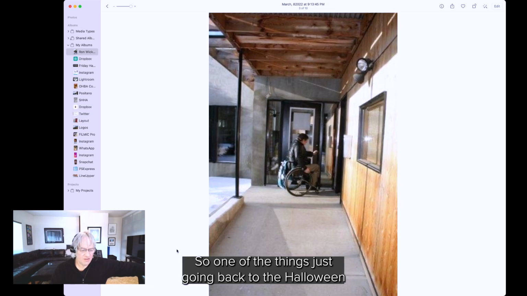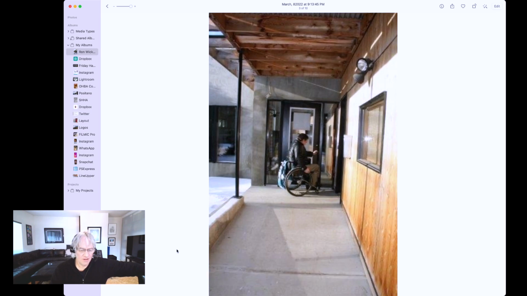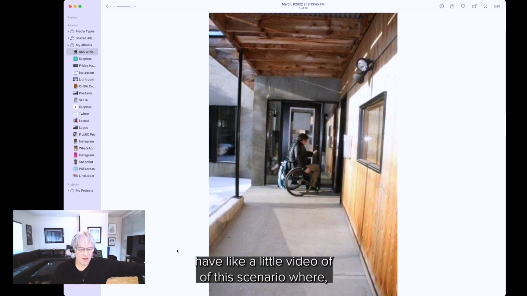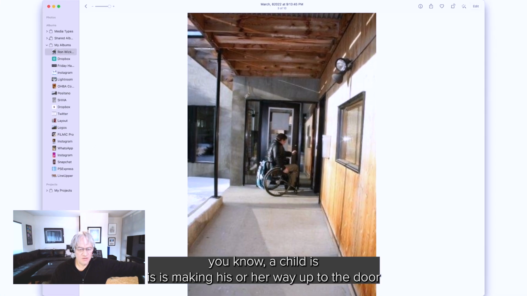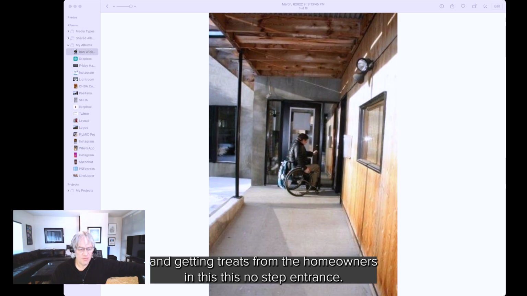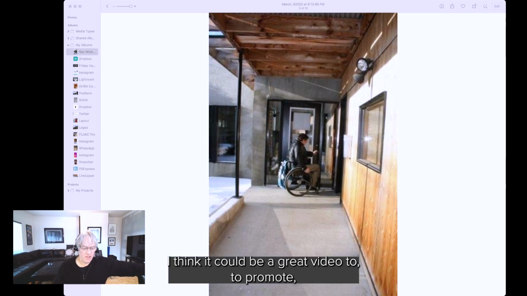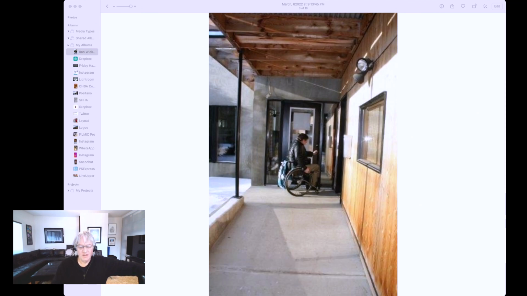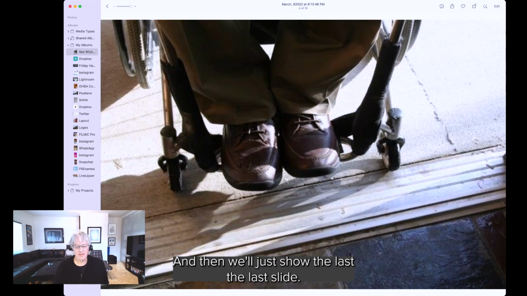Going back to the Halloween concept, I'd love to have a little video of this scenario where a child is making his or her way up to the door and getting treats from the homeowners in this no step entrance. I think it could be a great video to promote this concept of the no step entrance. Right. And then we'll just show the last slide.